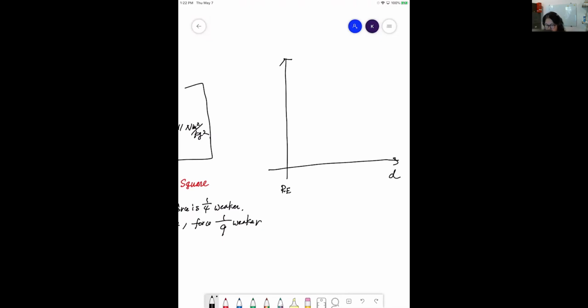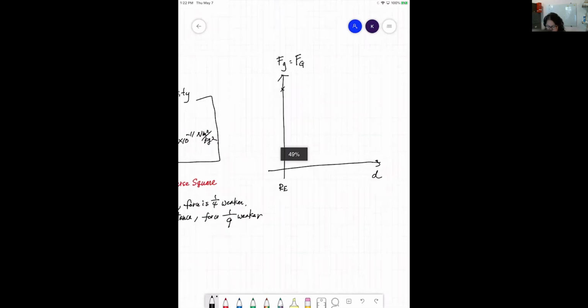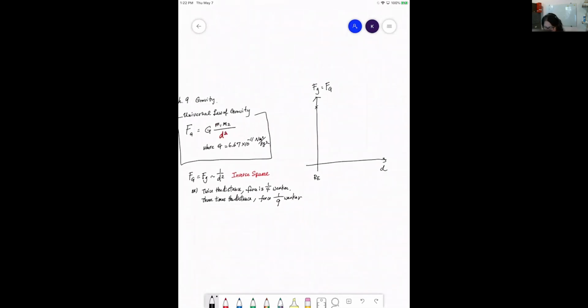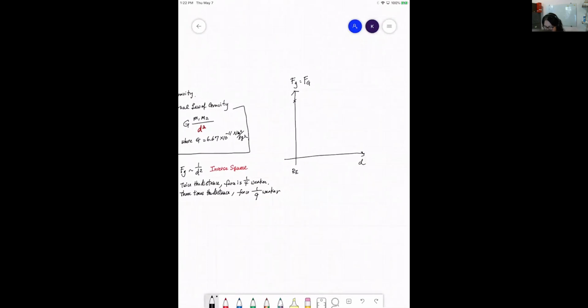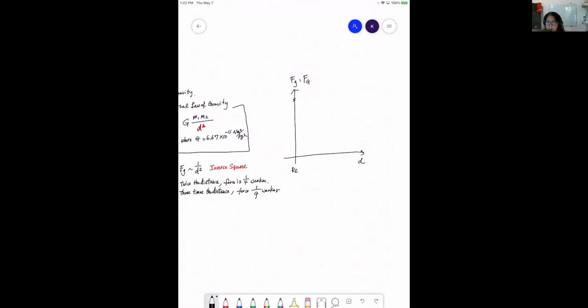On the surface of the Earth, you have a gravitational force of about this much. This is going to be the Fg. That's how much force you have. It could be 100 newtons, 200 newtons, or something. But if you follow this inverse square law, 1 over d squared, if I move a little bit farther away, this gravitational force decreases by 1 over d squared.